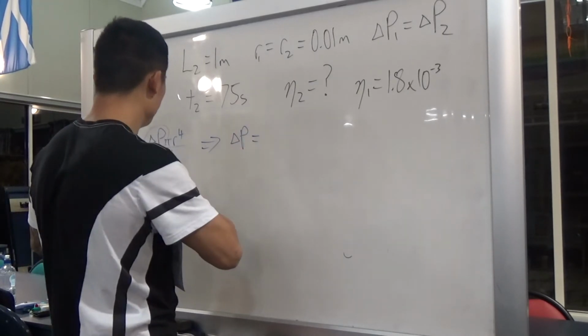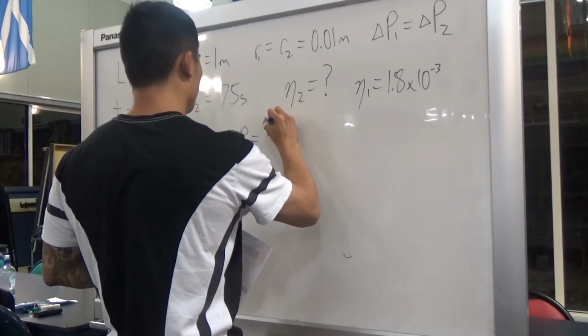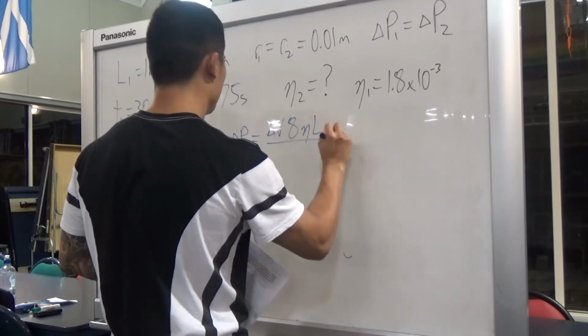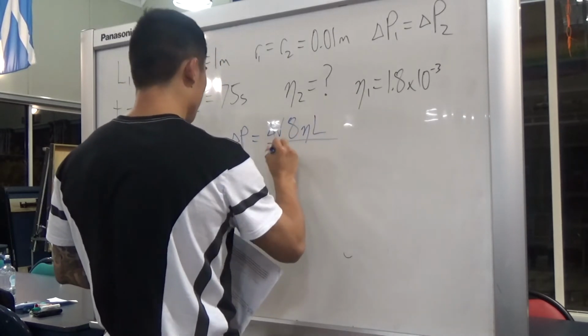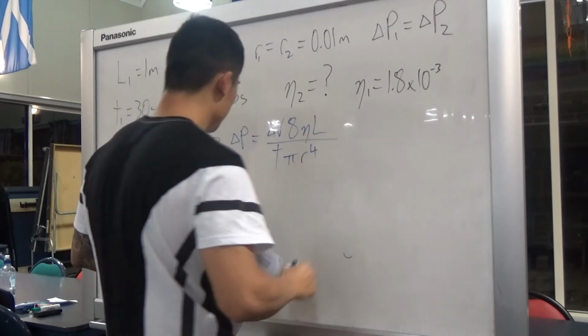is equal to delta V 8 viscosity L over T pi r to the 4th.